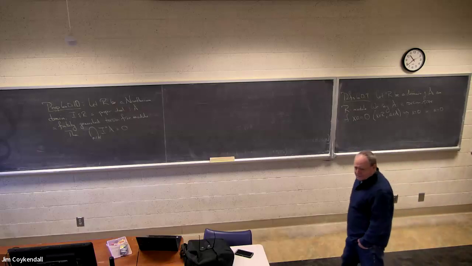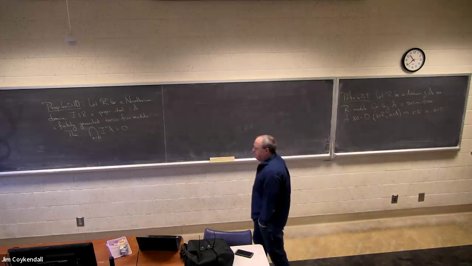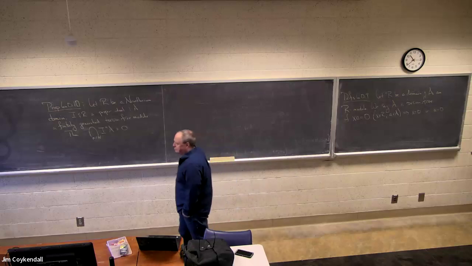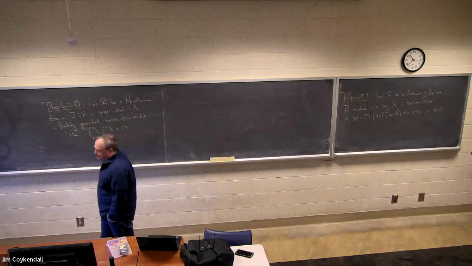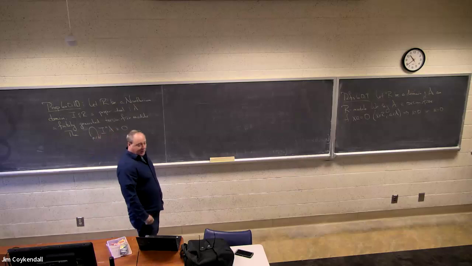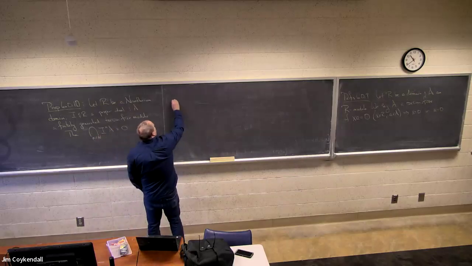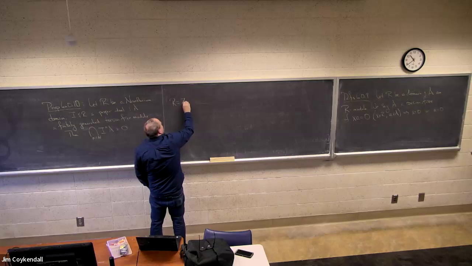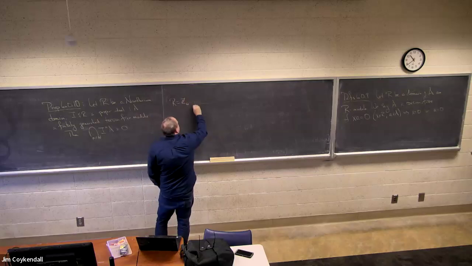F times F, where F is a field, like the element (1,0), square it, or taking the power of it, you just get itself. I'm going to steal your example and put it in more simple terms, because actually I'm going to let R equal Z6.